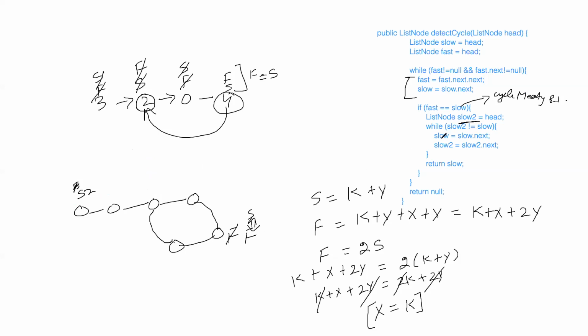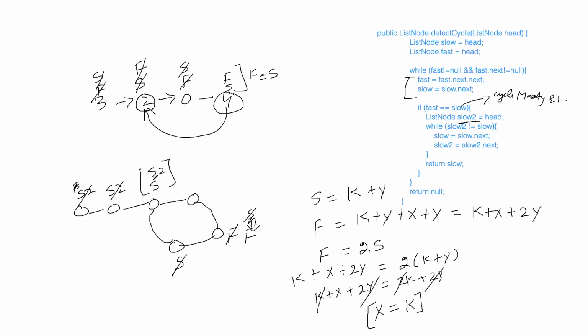Now what we are doing, we are moving the slow pointer and the slow 2 pointer 1 step at a time. This slow was here, we are moving slow here, and this slow 2 moving here. Again, we are moving this slow here and this slow here. If you see here, the moment S2 and S are meeting, that time we are claiming that this is the start of the cycle.